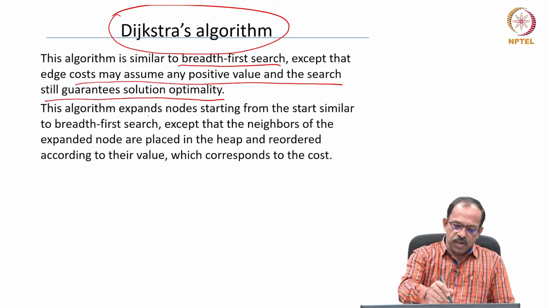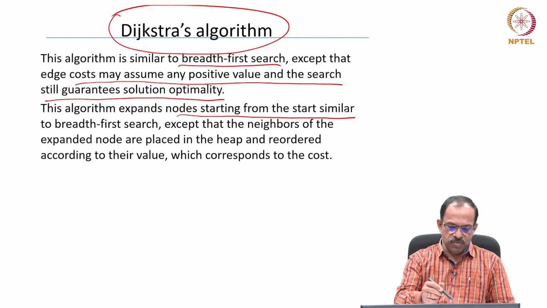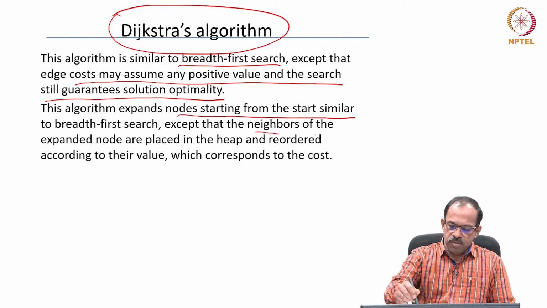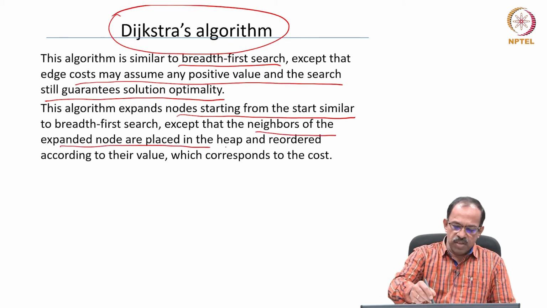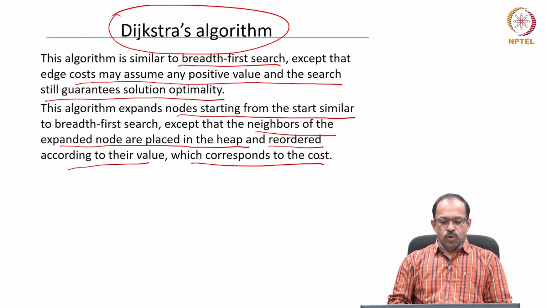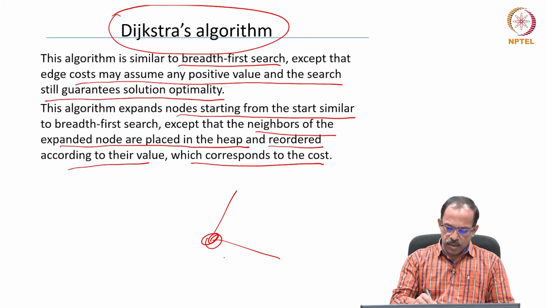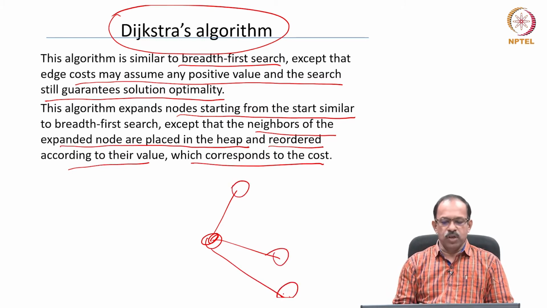The algorithm expands nodes starting from the start, similar to breadth first, except that the neighbors of the expanded node are placed in the heap and recorded according to their value, which corresponds to the cost. So, it will start with a node and then identify all the next node costs. There will be cost involved in traveling to all the neighboring nodes.